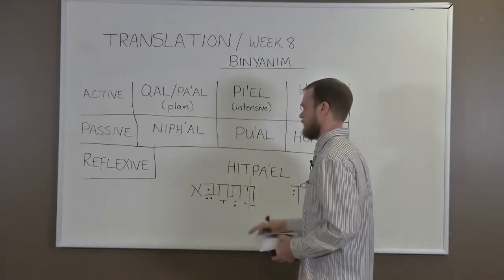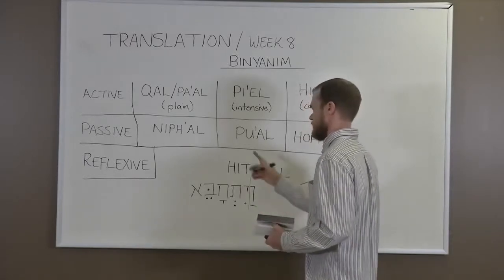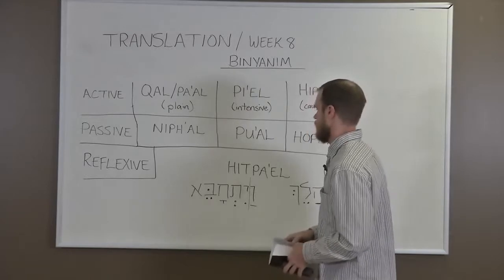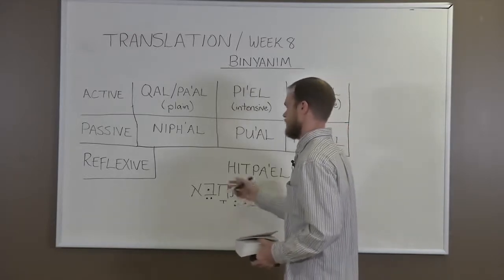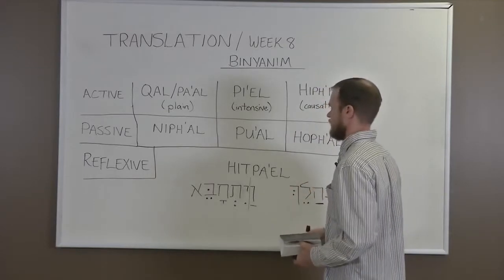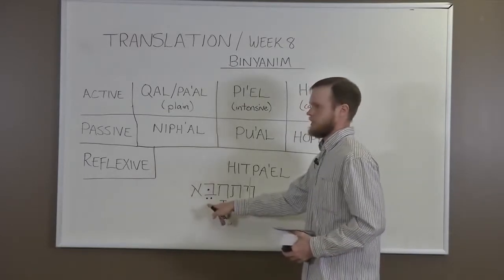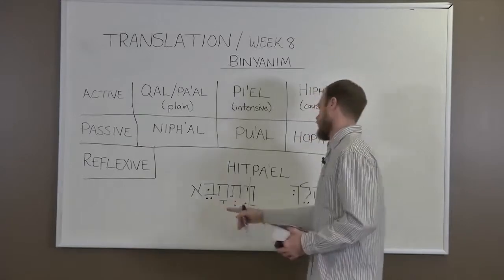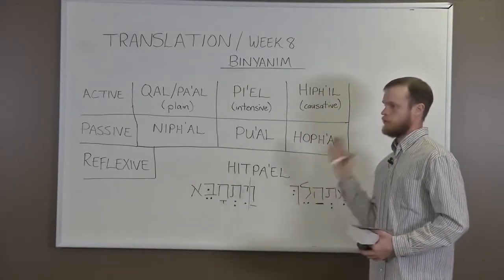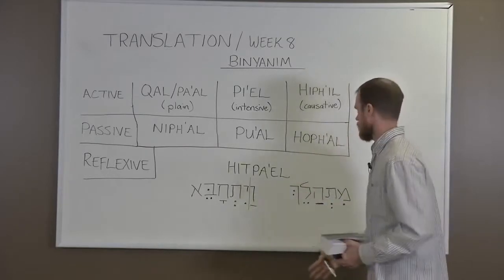Yitchabe would actually mean he will conceal himself. The vav flips the tense, so it becomes past tense: he concealed himself. So it's an action that he did to himself. So the hitpa'el is used there. So here it's in the reflexive sense, which is what it's best known for, and there it's in the reciprocal sense, or the repetitive sense, back and forth.